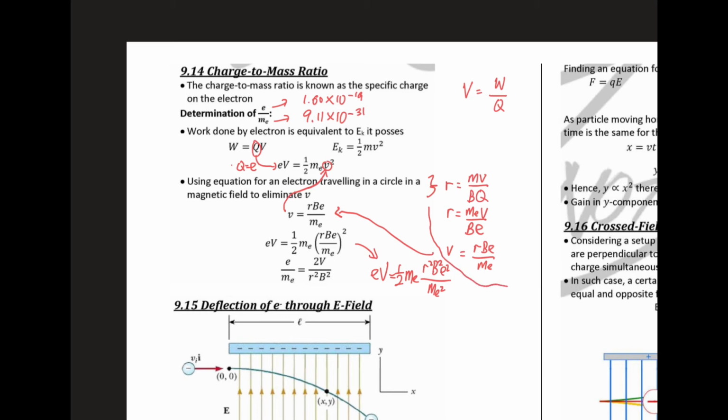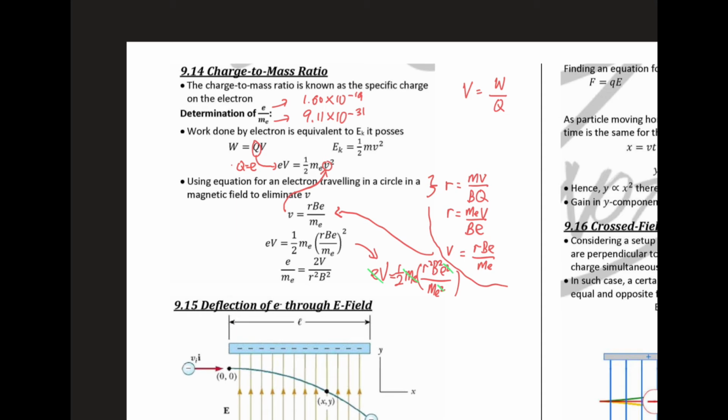So we square everything. Then after that, we can cancel the me here and here. Then we can cancel the e on both sides also. Then after that, we can rearrange it.